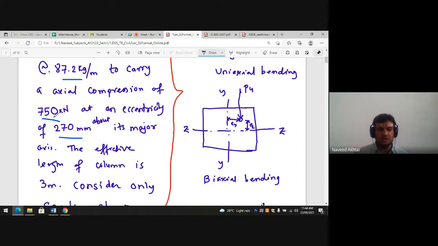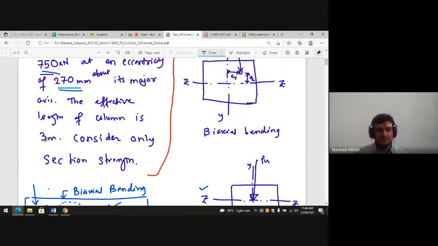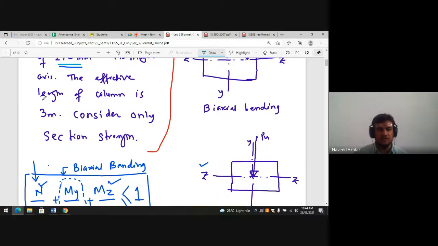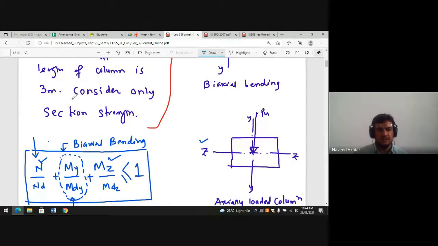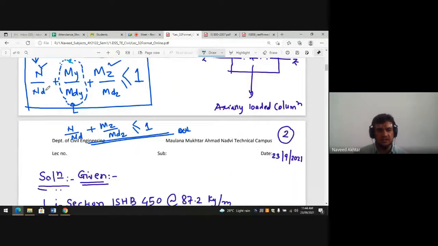Axial compression of 750 kN with eccentricity of 270 mm about its major axis. The effective length of column is 3 meter. Only uniaxial bending is considered, the term in Y will not be considered. N upon ND plus MZ upon MDZ less than or equal to 1. This you have to check. Okay, for that, step by step.